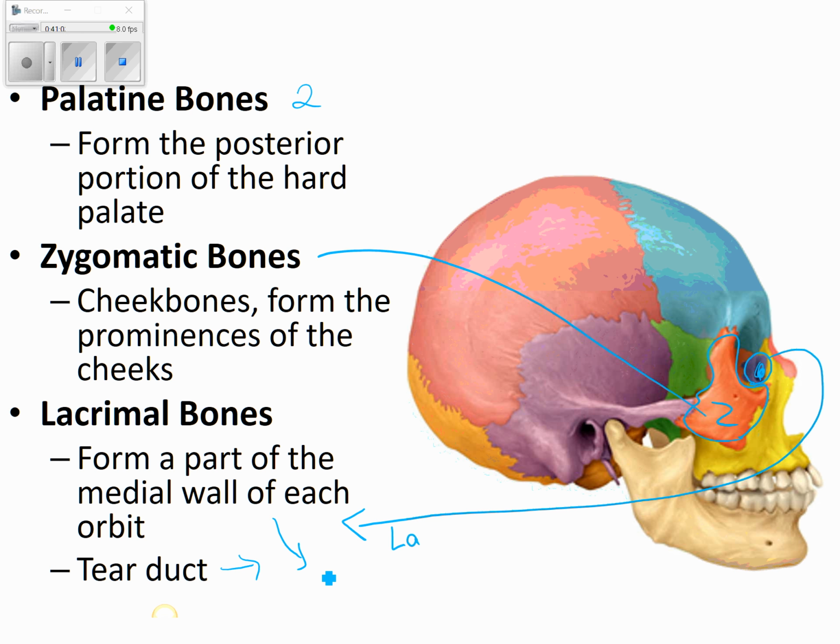It is the smallest of all the bones in the skull. It is very thin and considered a little bone. The tear duct is what they refer to as the lacrimal duct as well.